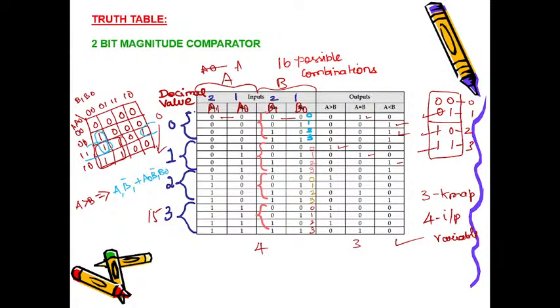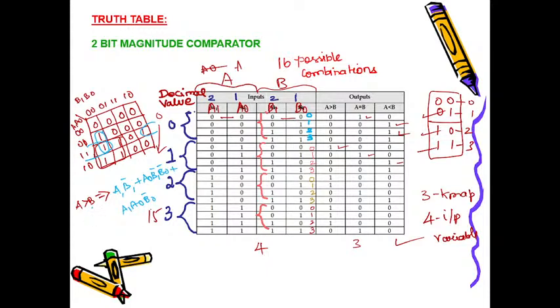B1 bar, B0 bar. And for this pair, this is A1, A0, and which is common in the columns? B0 bar. Right? So what is the expression for A greater than B?